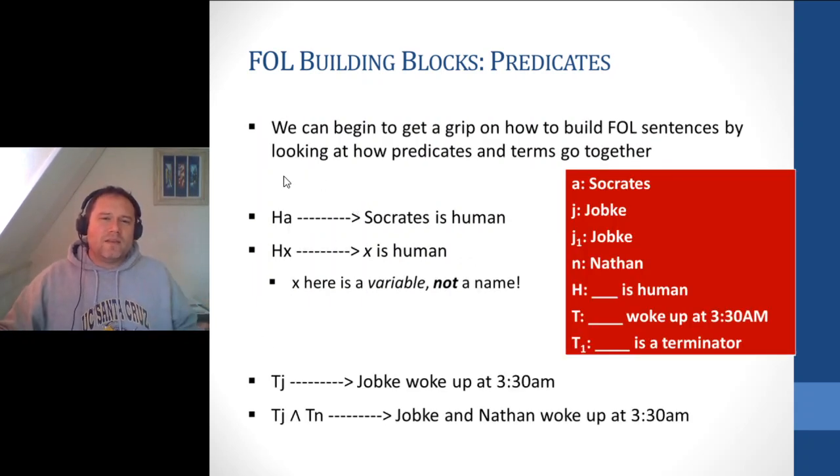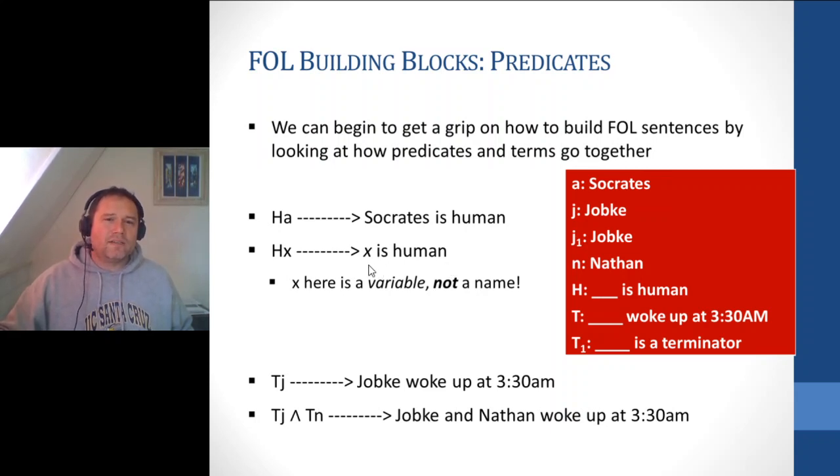So this can help us to get a grip on how to build first-order logic sentences. What we're going to do is, as I said, stick together predicates and terms. So we're going to have something like Ha, which given our symbolization key, is going to symbolize "Socrates is human." Similarly, we could write Hx to say x is human.